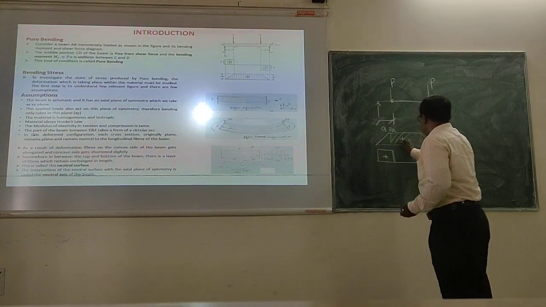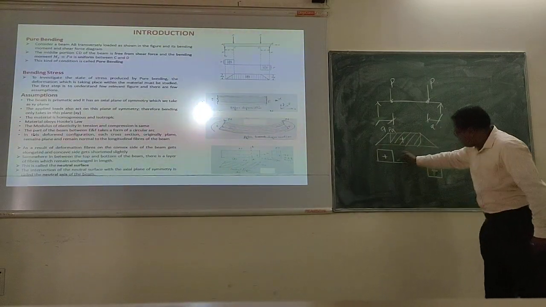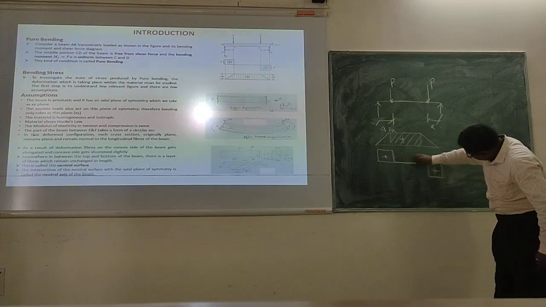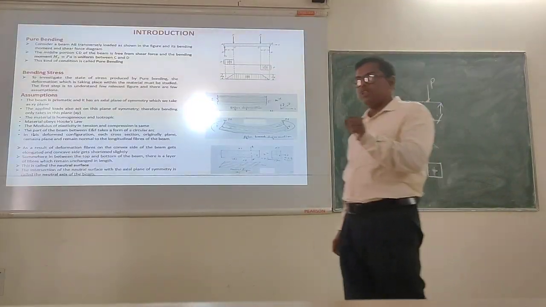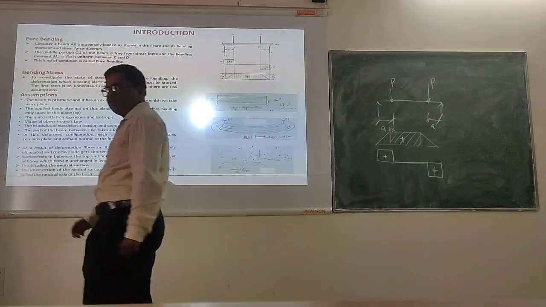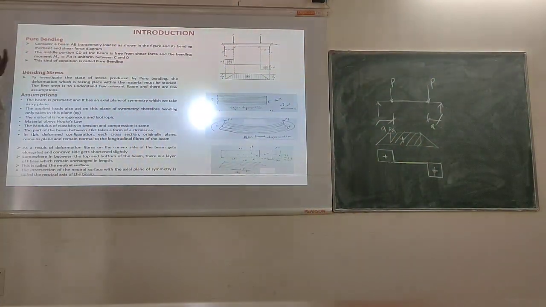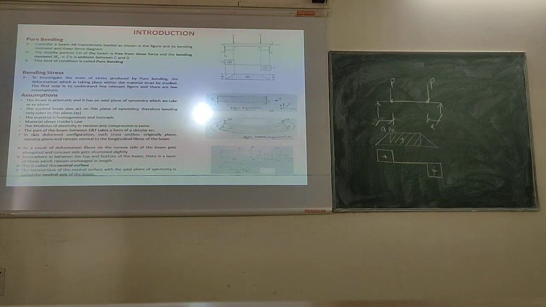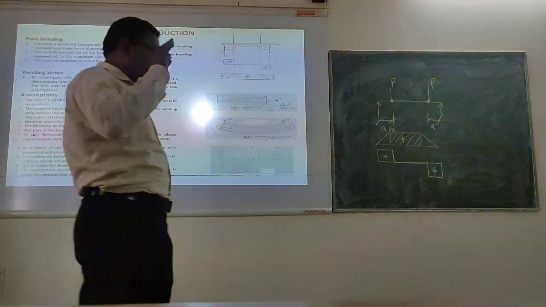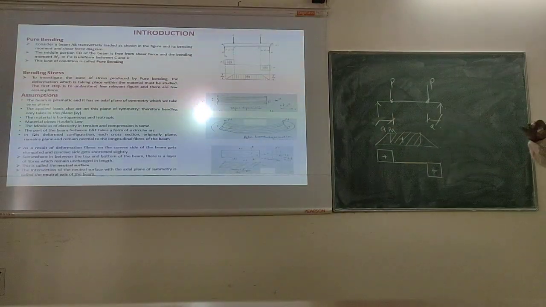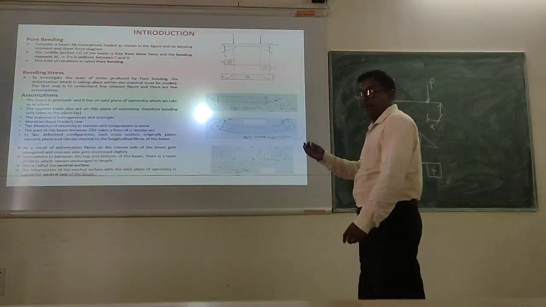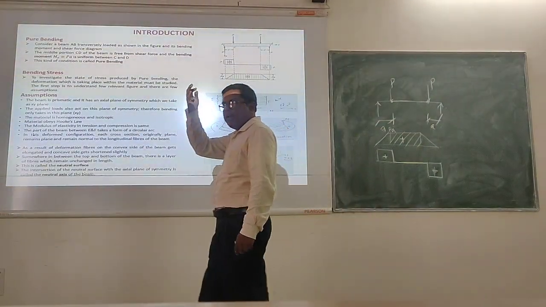There is a typical amount of bending moment, however the shear force remains zero. So this is actually what is called a pure bending condition. In many other cases also you can achieve pure bending condition.